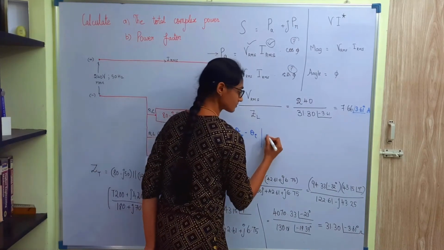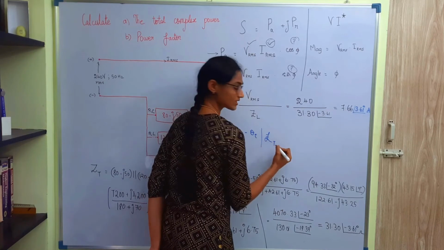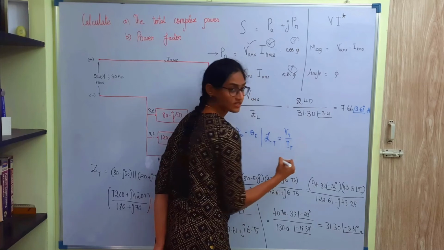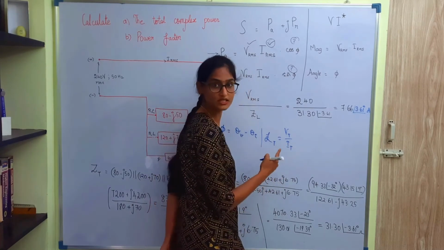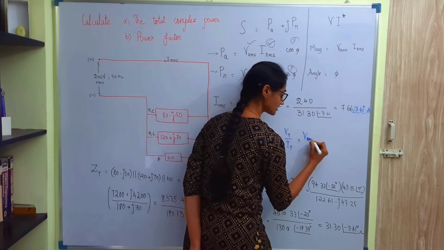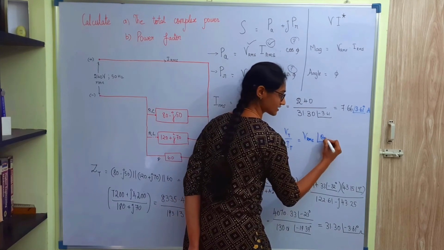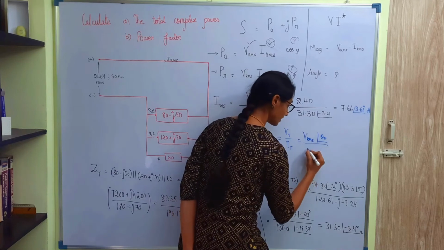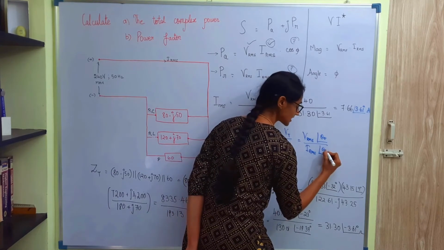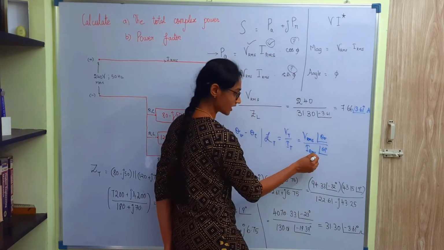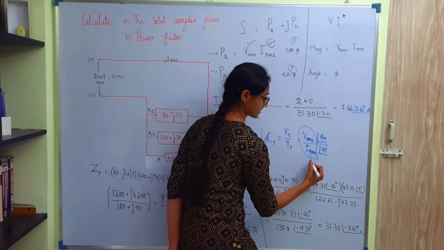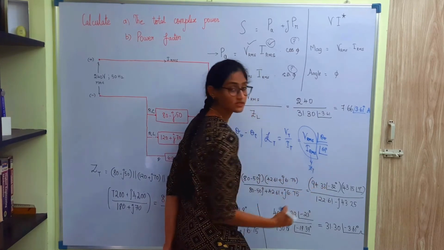In general, what is impedance? Impedance is voltage divided by the current, right? If you express this in RMS values, you will be getting Vrms with some angle, let us say theta V, divided by Irms, let us say the angle is theta I. So Vrms by Irms, what is it? Resistance, which is the total resistance.